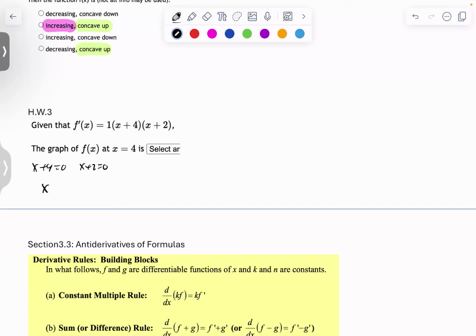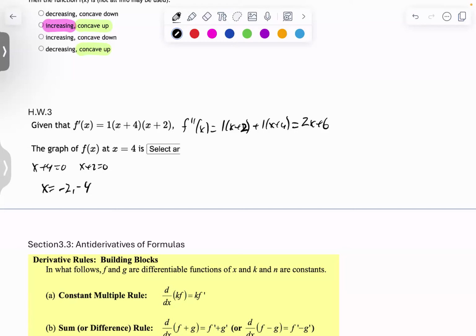These are our critical values. And if we take the second derivative, I have to use the product rule. So 1 times x plus 2 plus 1 times x plus 4. This gives us 2x plus 6.